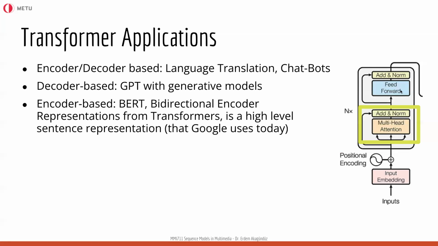So the article you have seen in The Guardian in the previous lecture, mid-hour, was done on an architecture based on a decoder, which was then designed and changed to be a generative model. And there are many applications of encoder-based ones, just like BERT, which is Bidirectional Encoder Representations from Transformers. The name is quite simple. It's a very high-level sentence representation, and Google uses it today, Amazon uses it today.